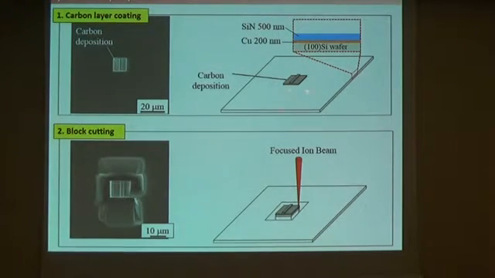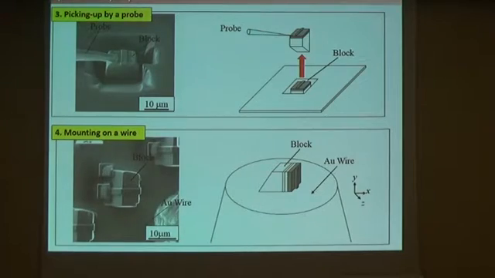And we firstly made carbon deposition by focused ion beam technique, and then made some trenches around the carbon layers. And then we picked out this small block by a solid probe and mounted this block on the top section of a metal wire. Here we used gold wire.